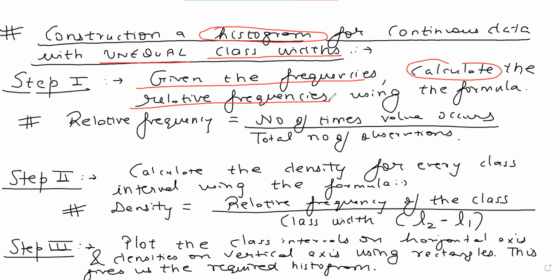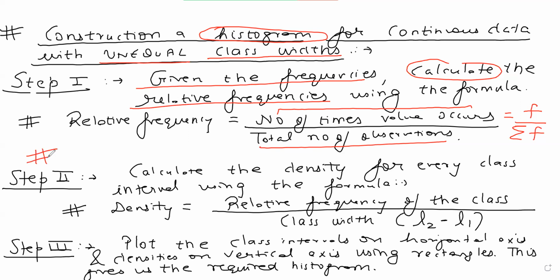How do I calculate relative frequency? It is the frequency of that class divided by the sum of all frequencies. F is nothing but the number of times the value occurs in that particular class interval, divided by the total number of observations, which is summation F, the sum of all the frequencies. So F upon summation F gives me the relative frequency.